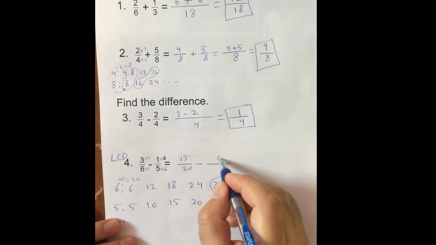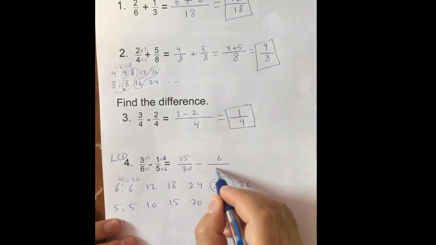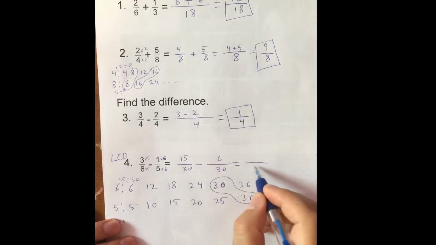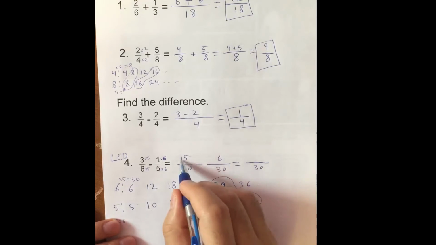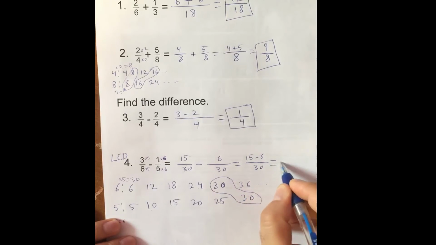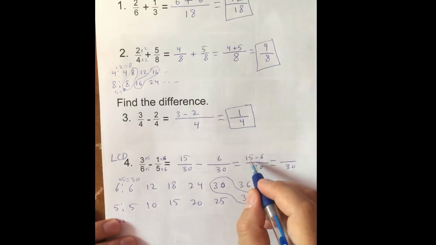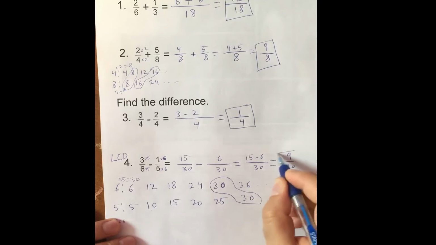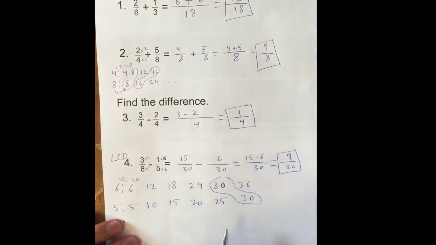Now 1 times 6 is 6, 5 times 6 is 30. Now you write the common denominator here, 30, and you write 15 minus 6, and 15 minus 6 is 9.